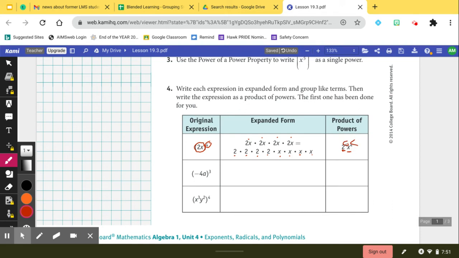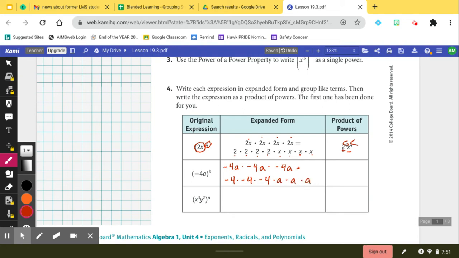So then we can do the same thing with the next one. We have negative 4 times a being raised to the 3rd power. So this is negative 4a times negative 4a times negative 4a. And again, those coefficients don't belong to the exponents. It just means multiplication. So this becomes negative 4 times negative 4 times negative 4 times a times a times a, grouping my like bases.